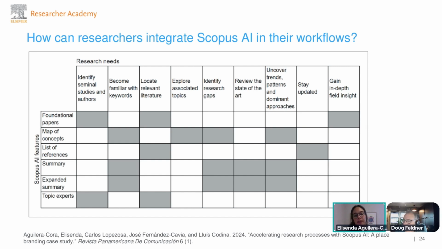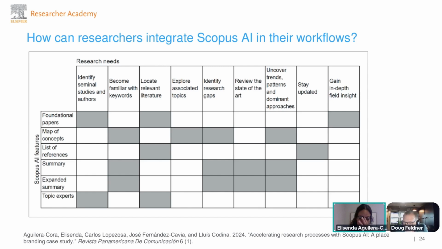So basically, with one of the Scopus AI features, we can meet one or more research needs and the other way around. So for instance, if we want to locate relevant literature, we can do that by using the features foundational papers, list of references, or topic experts. If we're interested in identifying seminal studies, we can go again to topic expert, foundational papers, and so on.